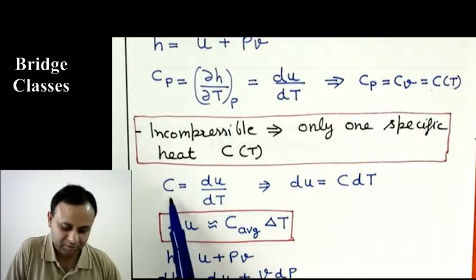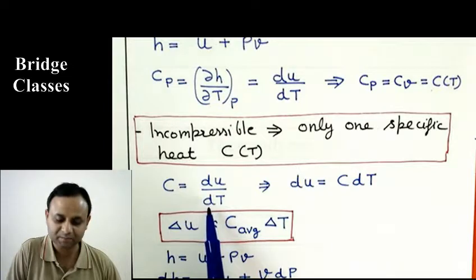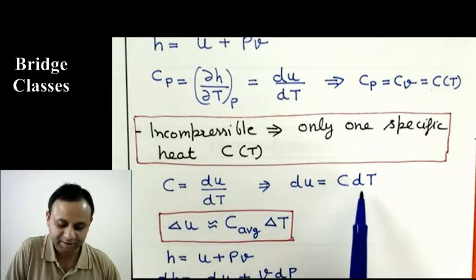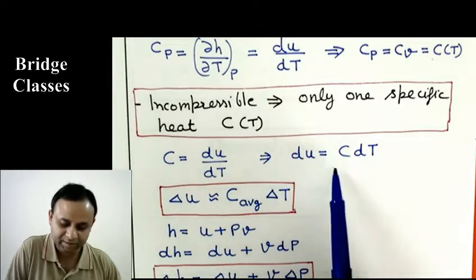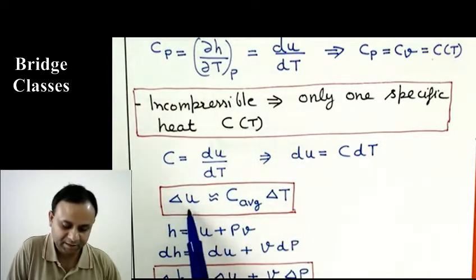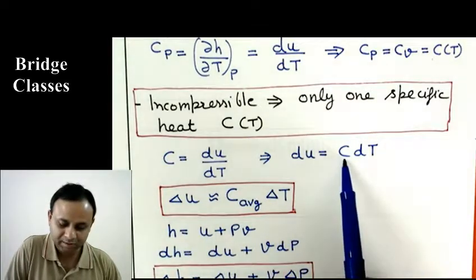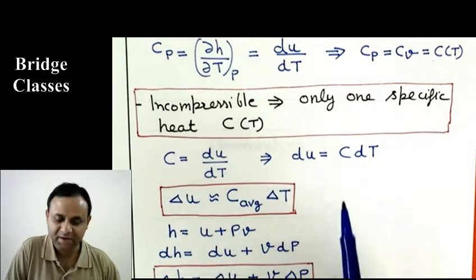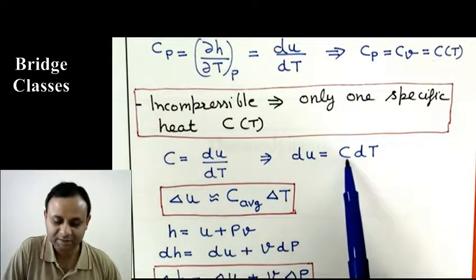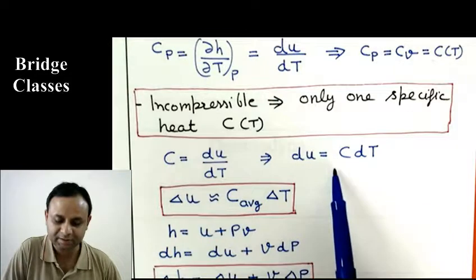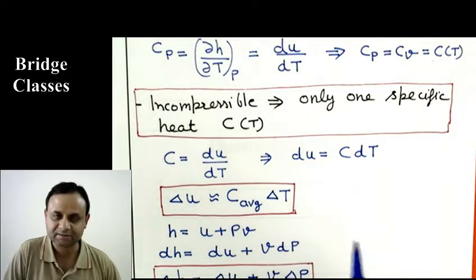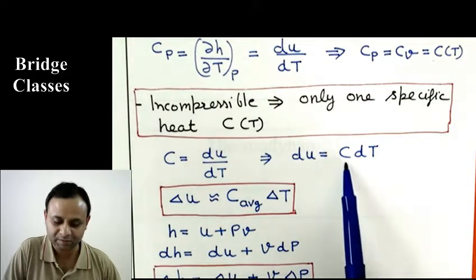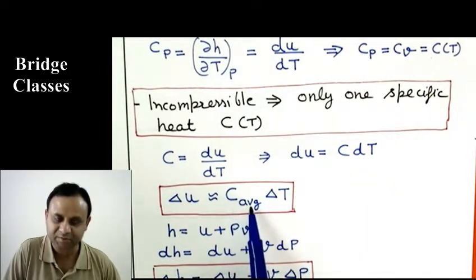Now we got C is du dt, or du is C dt. If we integrate this, du becomes delta U, and we can take the value of C at some average temperature. Actually C is a function of temperature, so when you integrate this, C is inside the integral, but its variation is not very high, so we can take it outside at some average temperature.